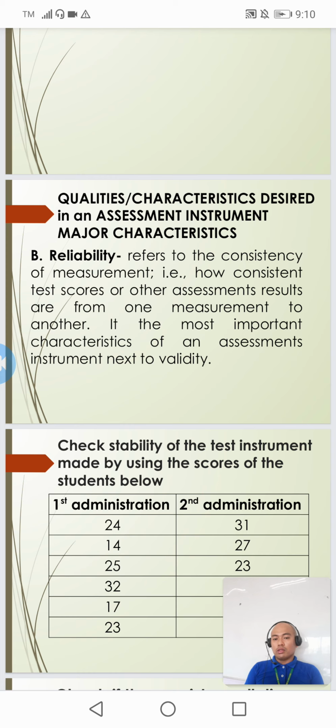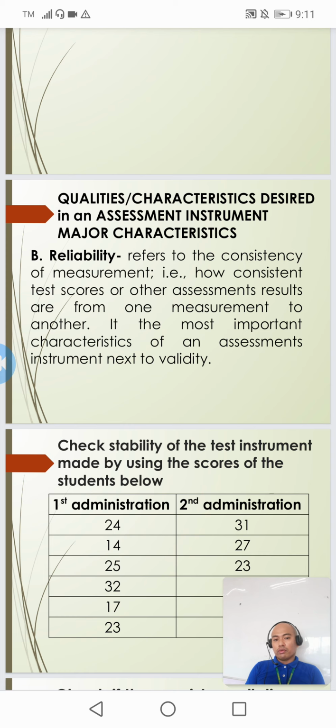Okay? And multiple raters. Say for example in a product-based assessment, you considered several raters in checking the product made by your learners. If you consider multiple raters, this may be a reason kung bakit magkakaroon ng unstable scores, unreliable scores ng mga bata, kung magkakaroon yan ng bias in terms of scoring the product.